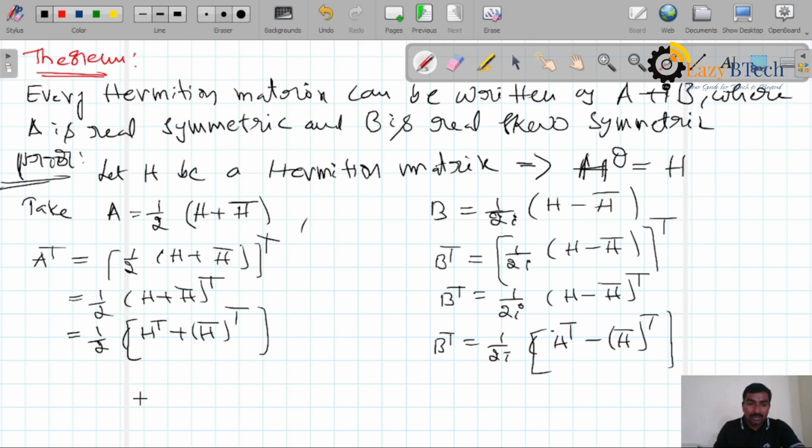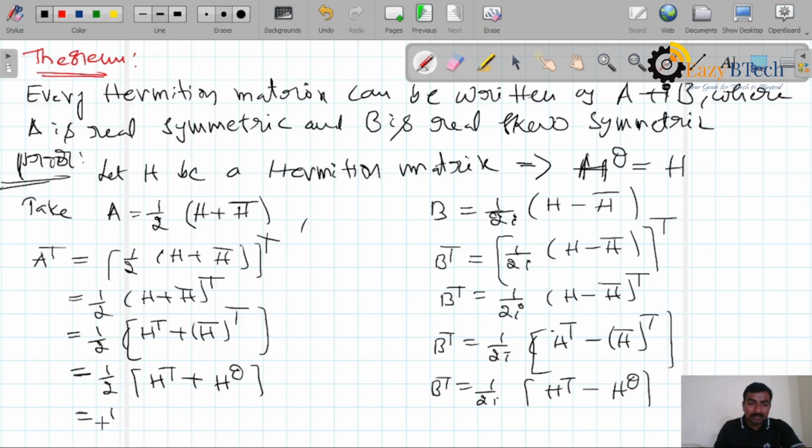H bar whole transpose is simply denoted by H power theta, but H power theta equals H, as you can already see in the starting.